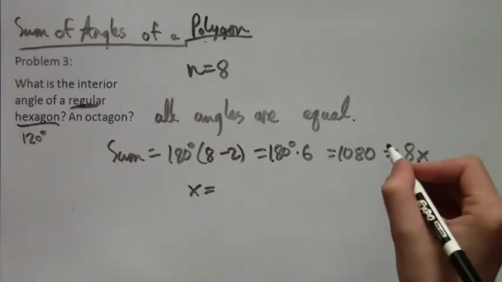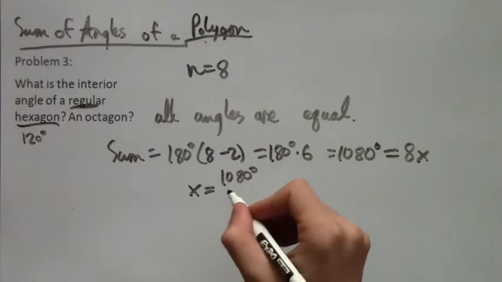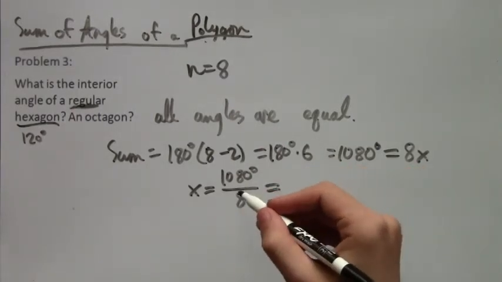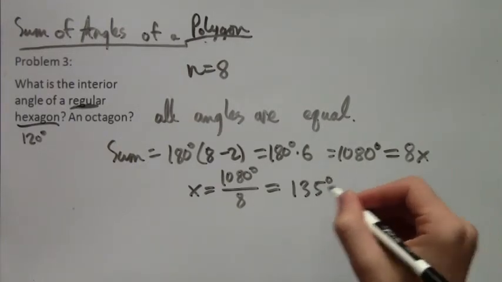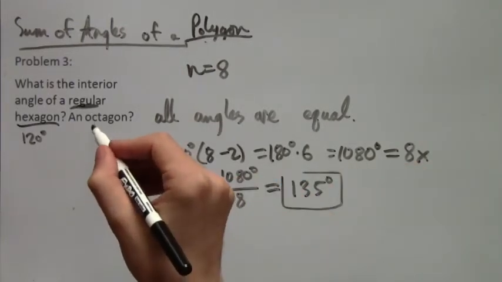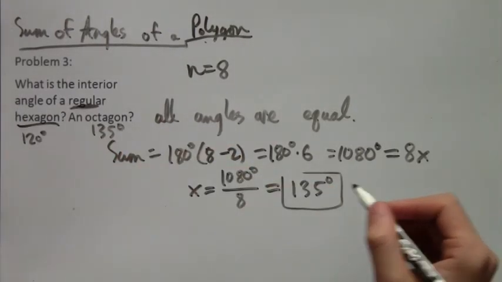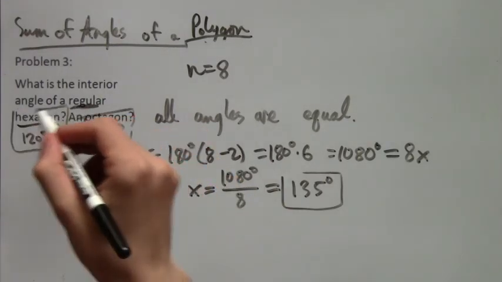So we have x equals 1080 over 8. We can calculate that with a calculator or by hand. It doesn't matter, but we'll get the result 135 degrees. So the interior angles of a regular octagon are 135 degrees. And that gives us the answers to both parts of the problem.